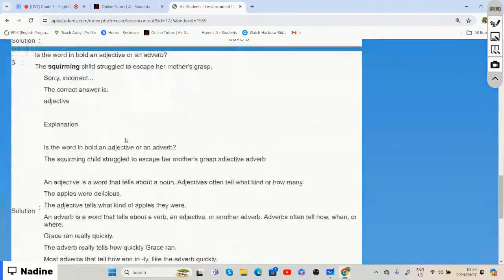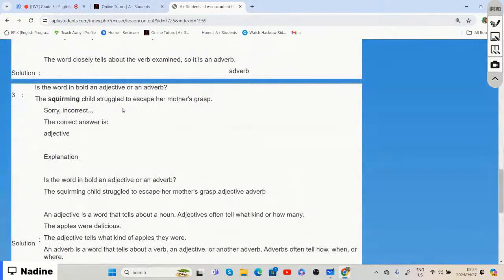All right, the squirming child. This is not telling us more about the child. So the squirming child struggled to escape her mother's grasp. The squirming child.